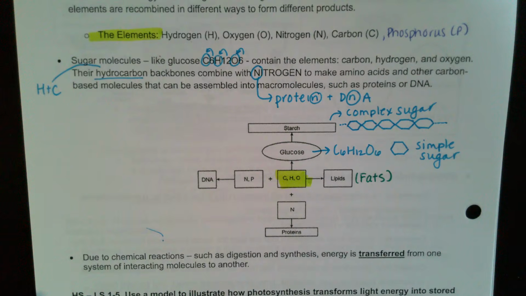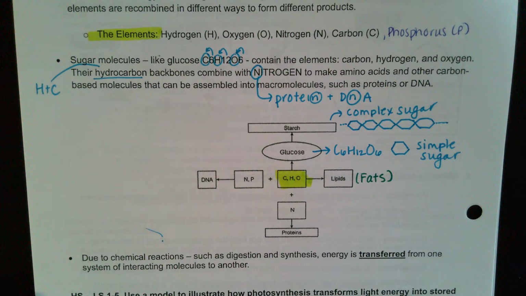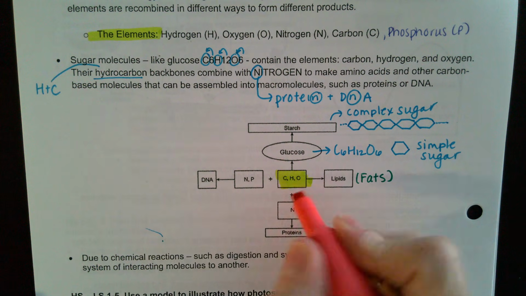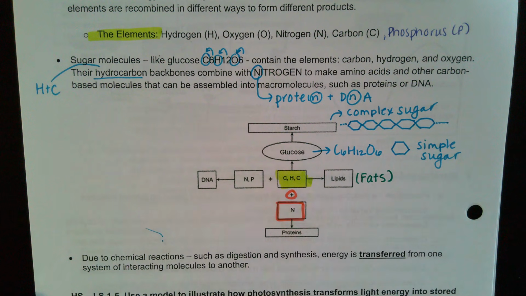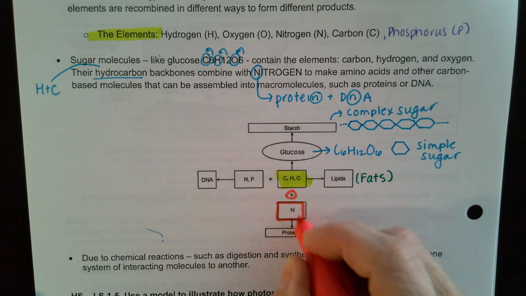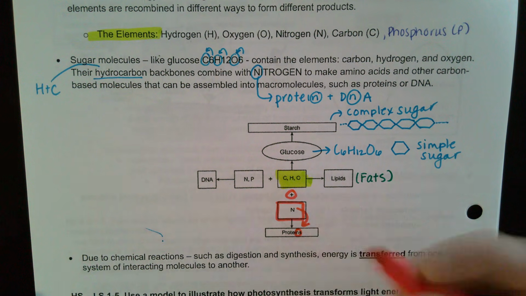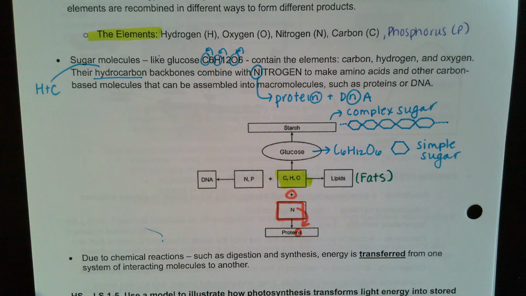Following along on my boxes, the next thing that I would note is that this has a plus sign and then I've got nitrogen. When I'm thinking about what I need to add in order to make a protein, I always think N in protein means I need to add a nitrogen.